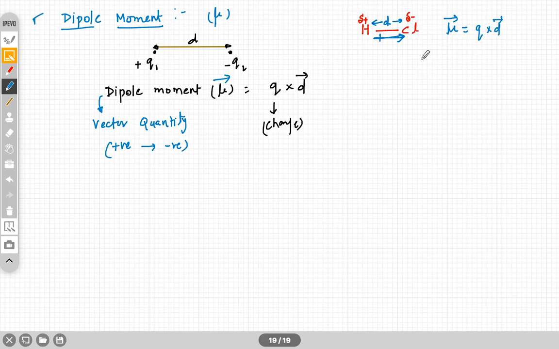We just have to get an idea whether this dipole moment is zero or non-zero. If the dipole moment is zero, the molecule is said to be non-polar. If dipole moment is non-zero, the molecule is said to be polar. These two points you must remember.